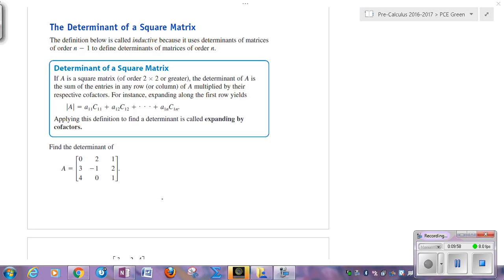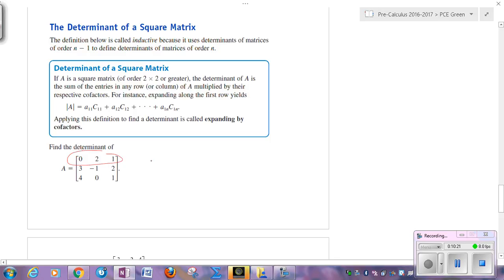So for example here, I'm going to pick the first row. So I'm going to use these values in the first row, and I'm going to use the cofactors from the first row. If I look back at my paper, I see my cofactors are -1, 5, and 4.